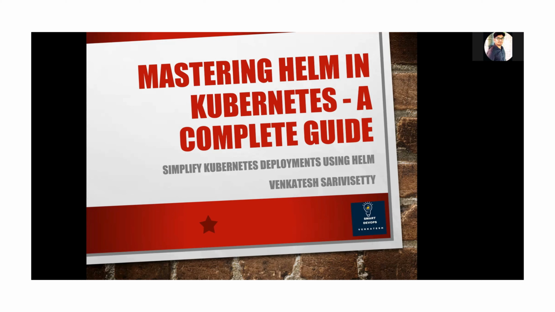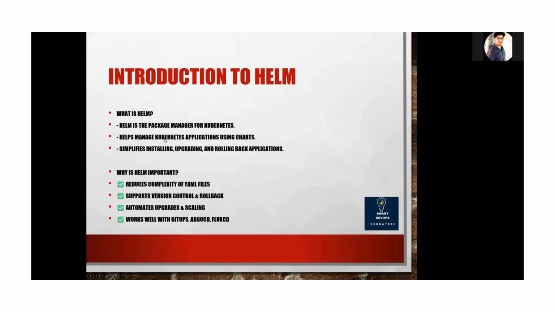Okay, let's get started. First of all, we are going to check what is Helm. Helm is often called the package manager for Kubernetes, just like how apt works for Ubuntu or yum for CentOS.